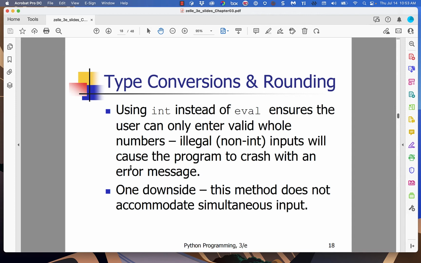So using int instead of eval ensures the user can only enter valid whole numbers. Illegal non-int inputs will cause the program to crash with an error message. One downside, this method does not accommodate simultaneous input. And what he means by simultaneous input is the flexibility that we would have been able to accept either ints or float values and get eval to turn them into the right internal type.